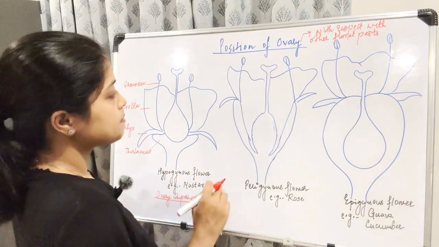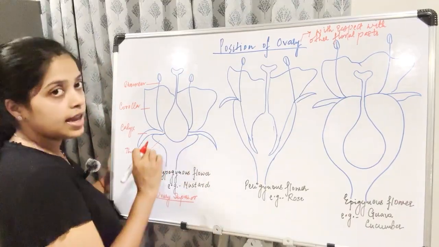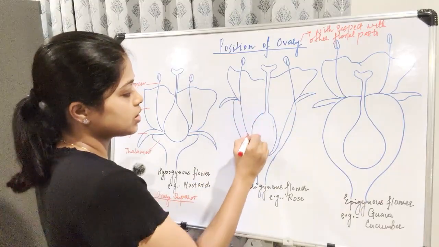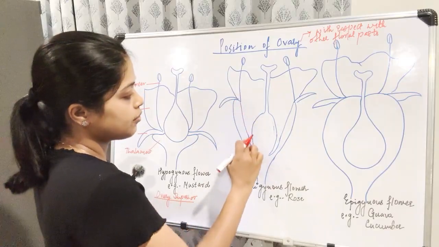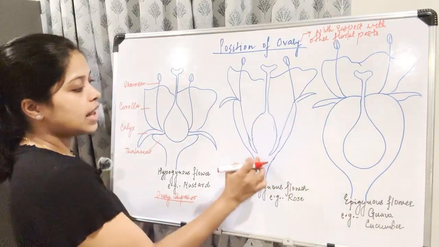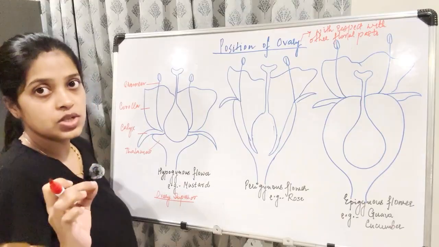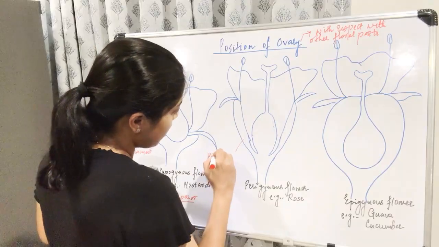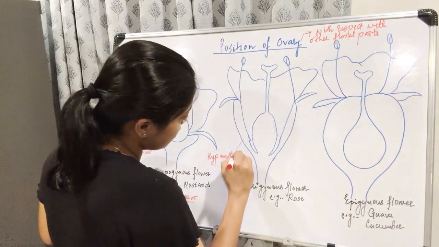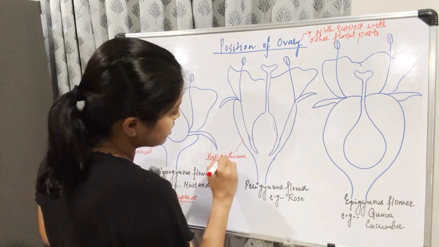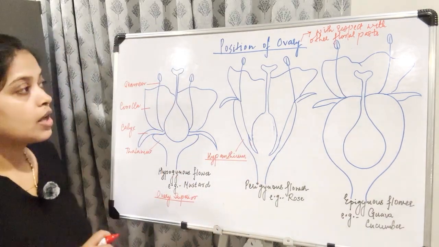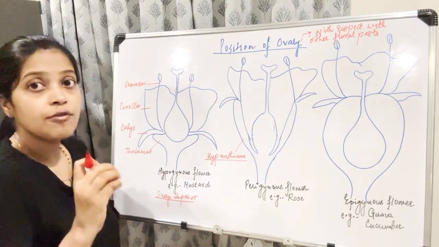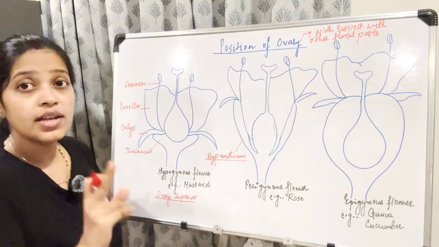So remember first thing, this is called the thalamus. When the thalamus forms a cup shaped structure, this you can see from here till here, it is called hypanthium. So in perigynous condition, the ovary is half superior, it is not inferior.